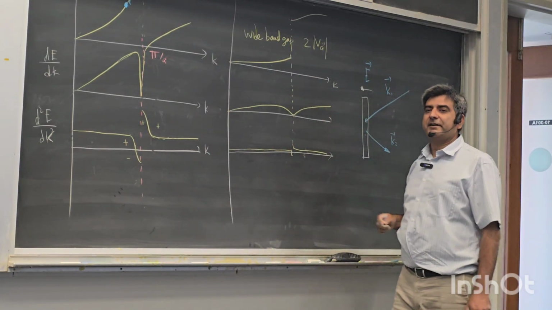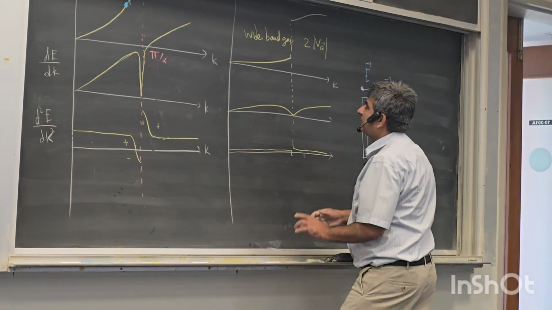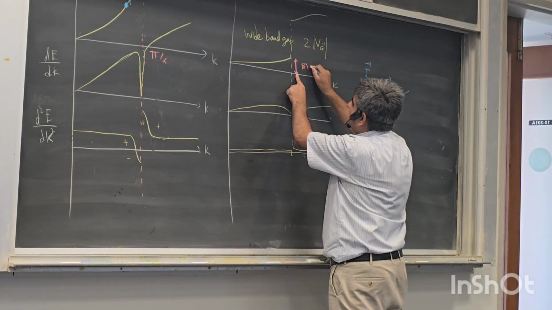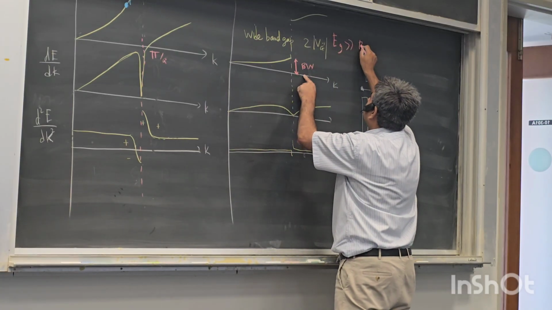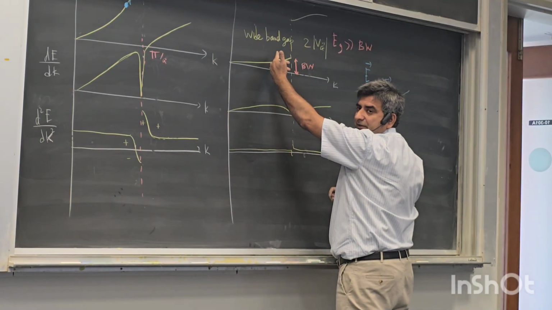And for a wide band gap material, this gap Eg is much larger than the band width, or the width of this band. It's called a wide band gap material.